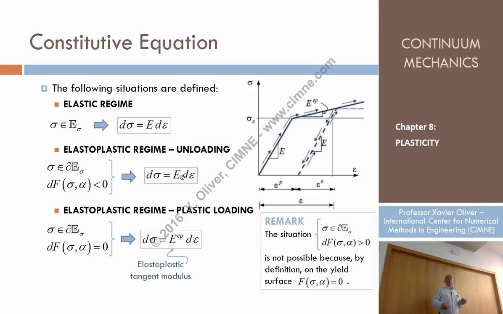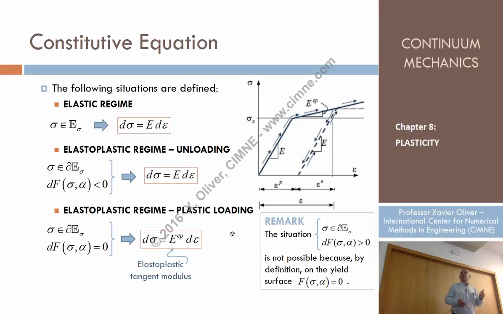And then when the point is at the yield surface but tends to remain on the yield surface, it can never go out, then we postulate a different incremental relationship for the stress, in terms of this elasto-plastic tangent modulus. And that's it.